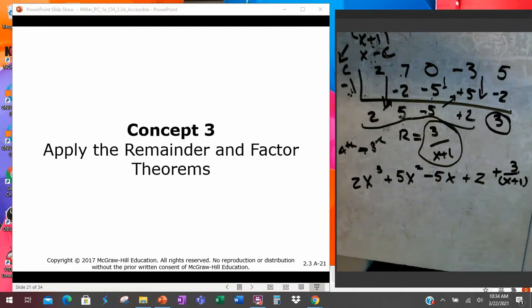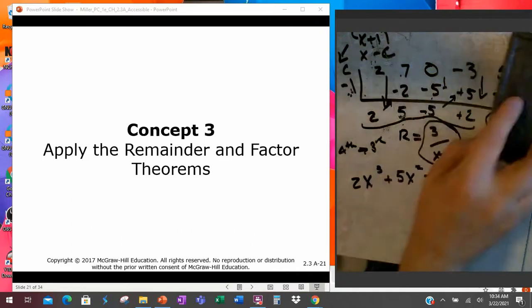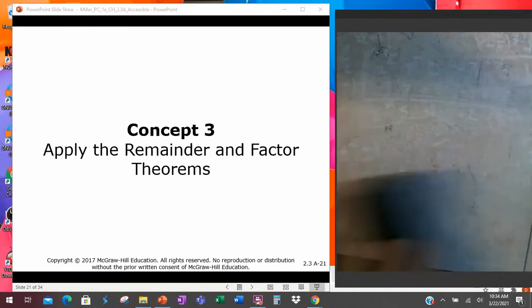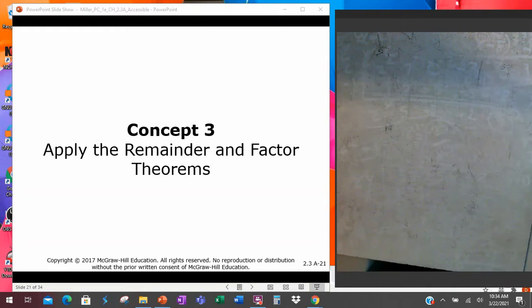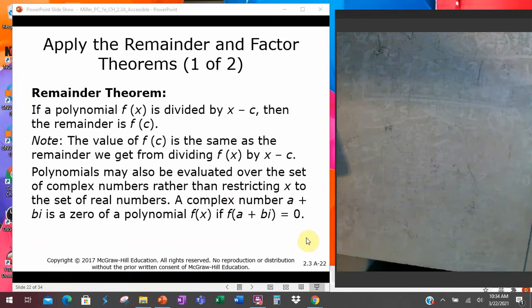So let's look at the remainder and the factor theorems. Let me get going here. So I've got some polynomial, and the remainder and factor theorem is basically looking at dividing by some linear factor, the simplest method that we're looking at.